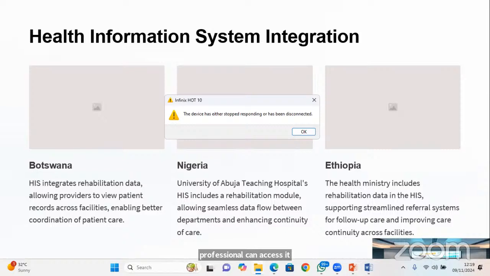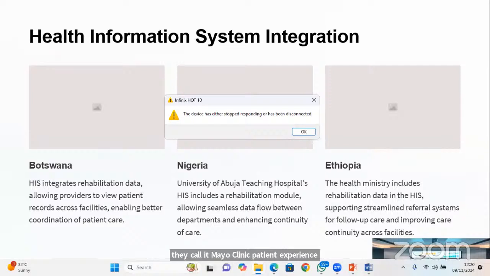Now I want us to look at case examples of methods of engaging rehabilitation service users. I have an example of the Mayo Clinic here. They call it the Mayo Clinic Patient Experience Program.